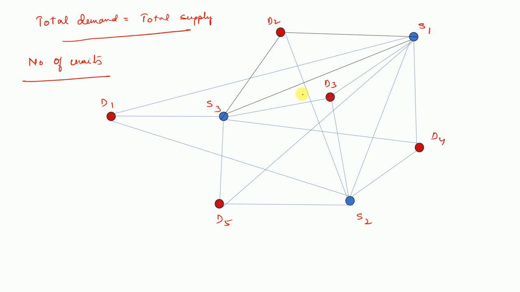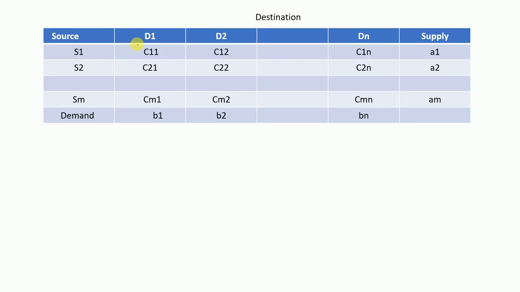Now look at this. This is the graphical representation of the transportation problem, but we need a mathematical solution. That's why we convert this problem into the form of a table. Here I have written a generalized transportation problem where m sources are there and n destinations are there.